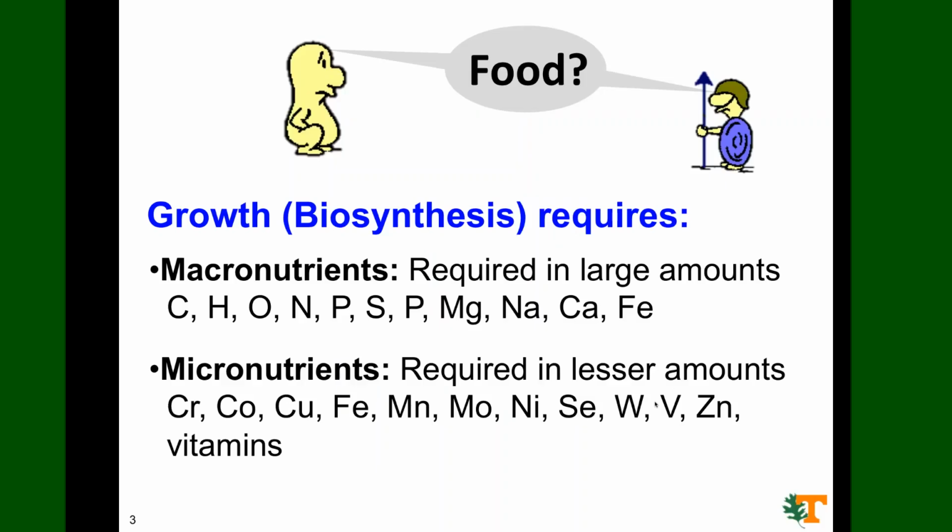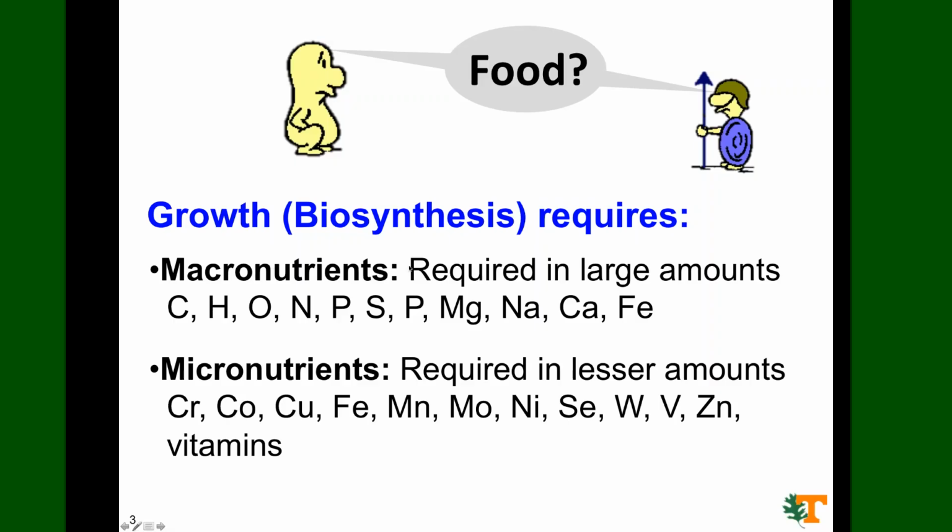So a good way of approaching this is to think like a microbe. And they have one major thing in mind. They need to eat. What can I eat? Where's my food? And in order for them to grow and multiply, they have to do biosynthesis, right? They have to regenerate or generate new macromolecules so that they can divide and grow. And the requirements for growth are, first of all, macronutrients.